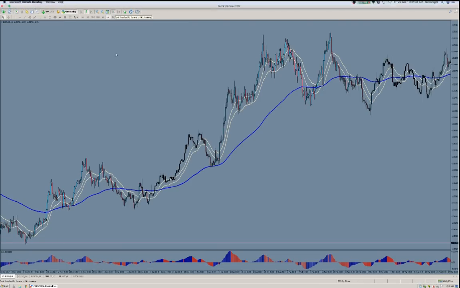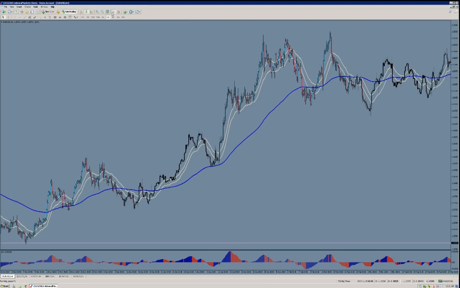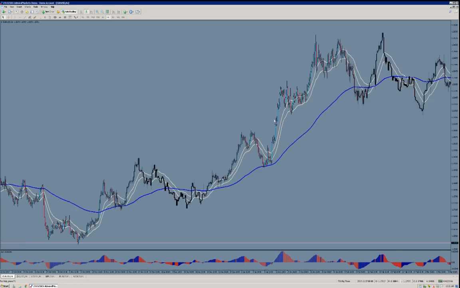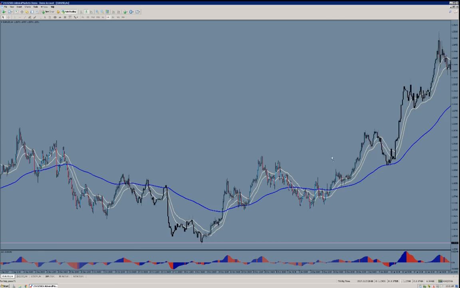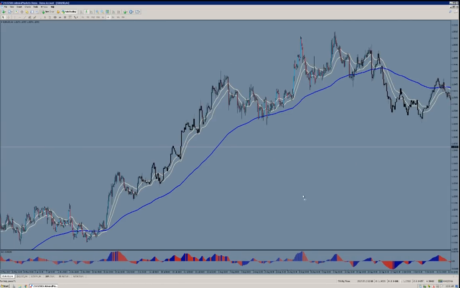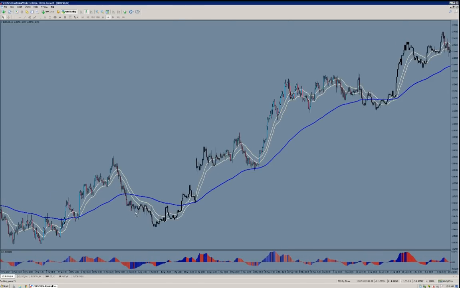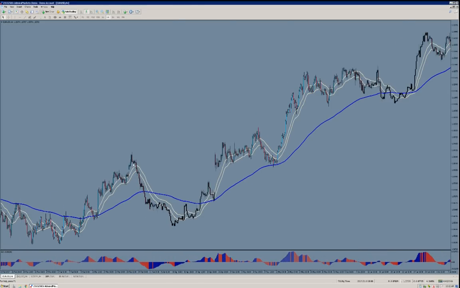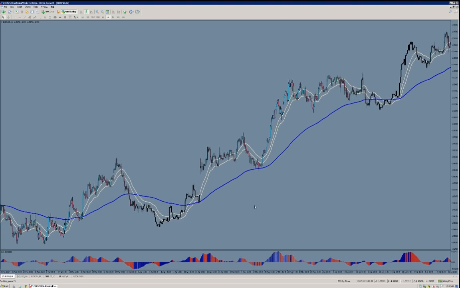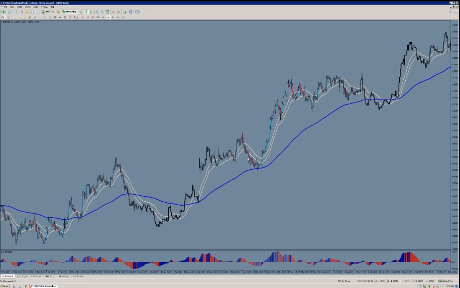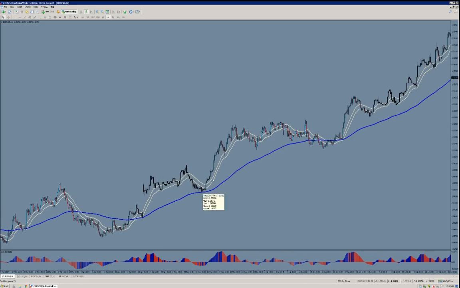We can now look at what happened here. This was the beginning of the uptrend on the daily chart, and you can see how price actually bounced repeatedly here in that long-term moving average area, because it's a bigger scale of a trend.